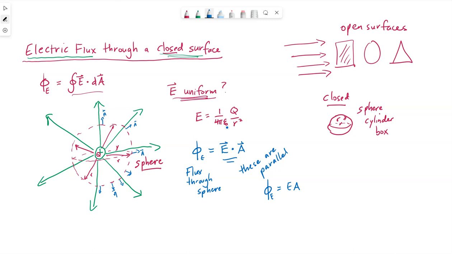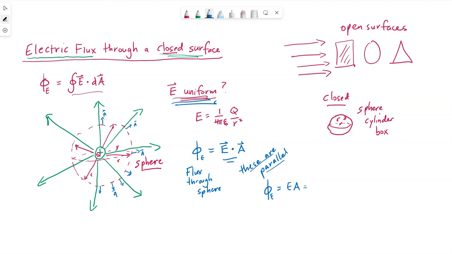In this specific situation, where I have chosen this sphere so that the electric field has the same value as it passes through the surface, and it naturally happens that the electric field vector and the area vector are parallel to each other, the electric flux through this closed surface simplifies to simply the electric field times the area.